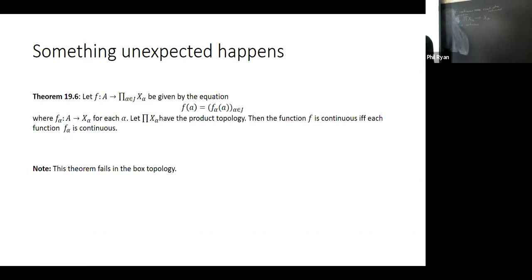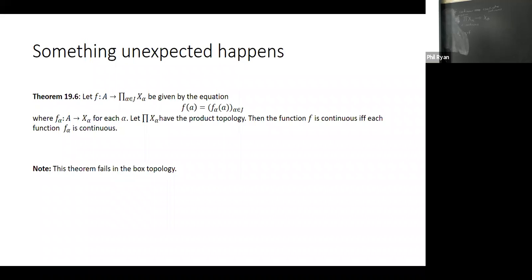Okay, so that's continuous in both the box and the product topology, and of course the coordinate function then is just the composition of the function with the projection, and so therefore it's continuous.